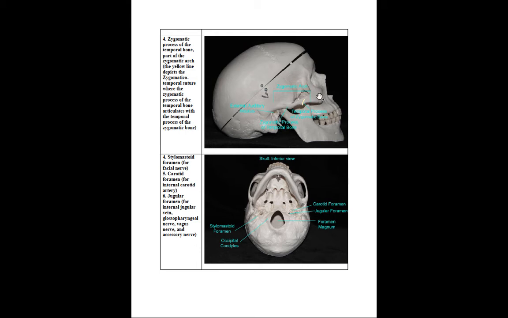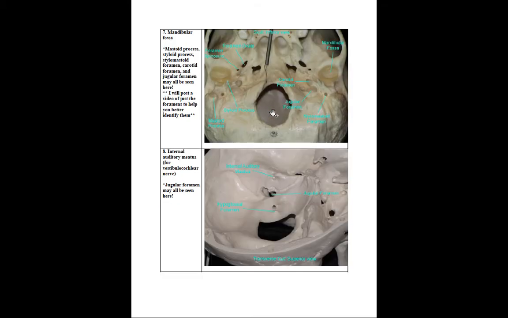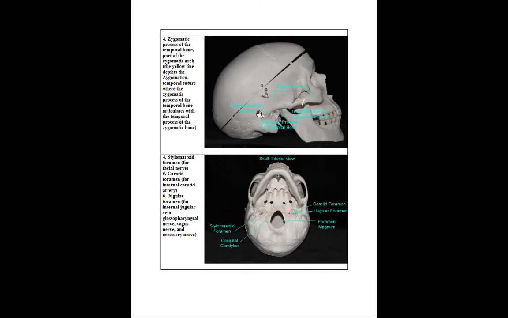When we get to the zygomatic bone, you'll see we call this the temporal process of the zygomatic bone because it's going to fuse with the temporal bone. That's confusing only because the zygomatic arch is put together from the fusion of two bones. So again, here we have the zygomatic process of the temporal bone.